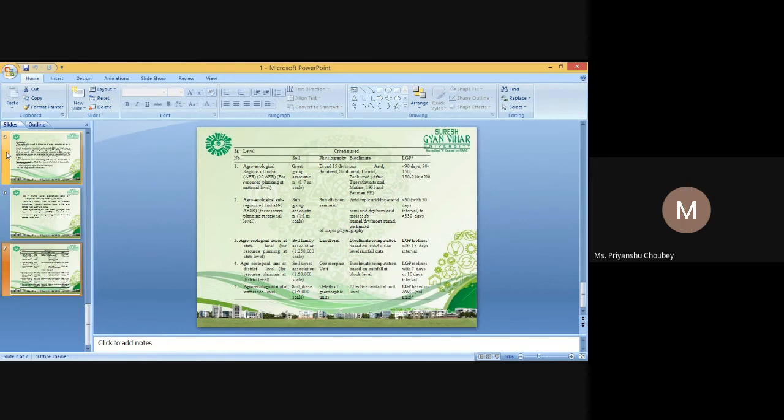Length of growing period is 90 to 150 days. Major crops are millets, wheat, pulses, and irrigated cotton and sugarcane.